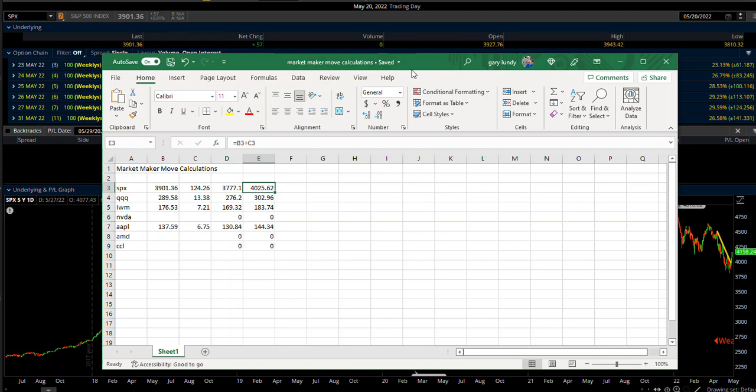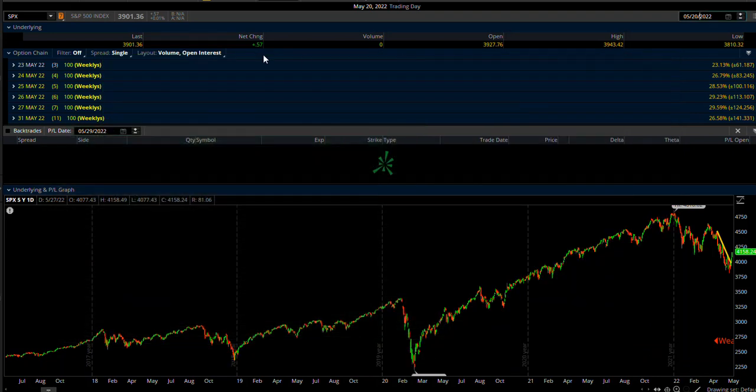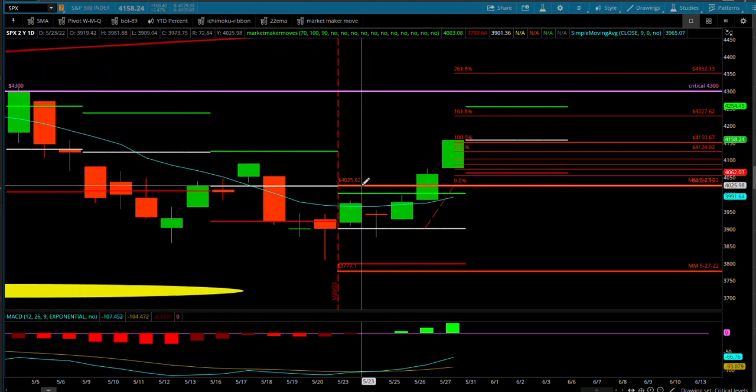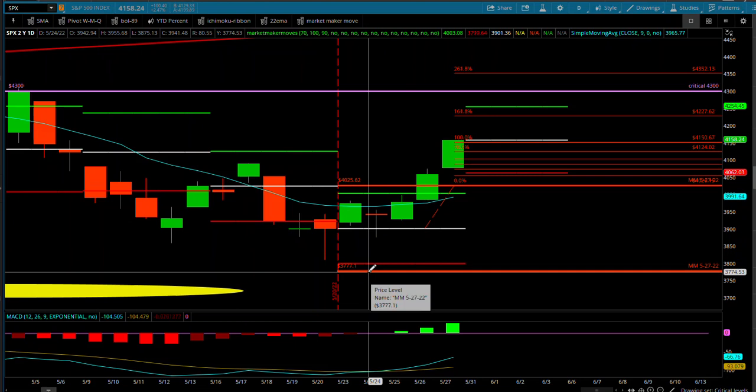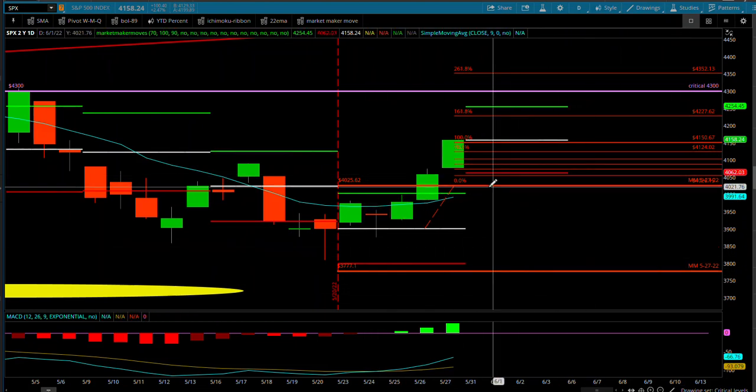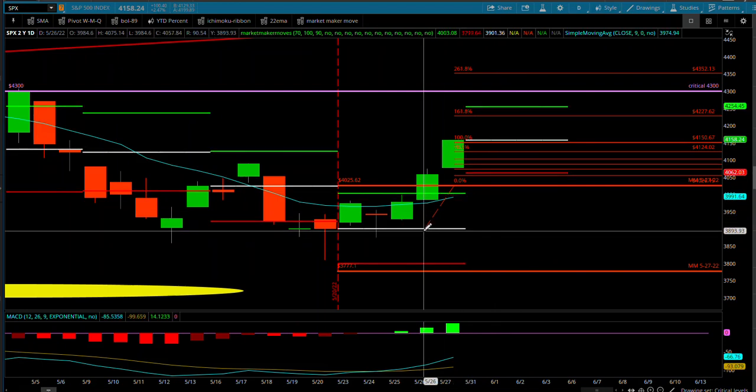Then you just transpose those actual numbers and physically draw those trend lines on your chart. If any of you guys have never done that before, then after you do all of that, you take that close.